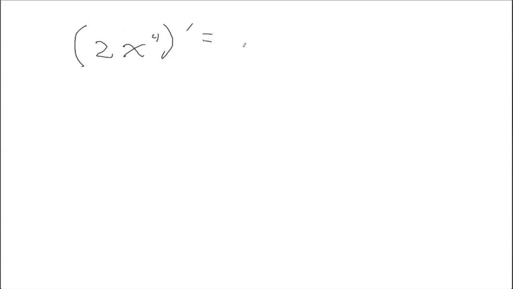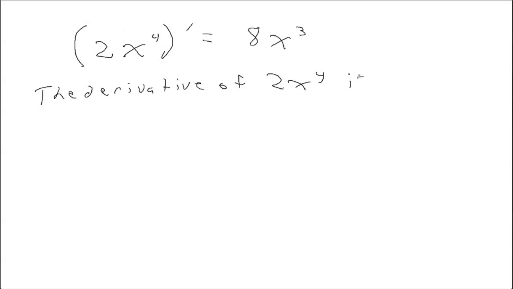This would be 8x to the third. Okay, now how would we describe this? How would you read this equation aloud? The derivative of 2x to the fourth is equal to 8x cubed. Excellent, very good. That's review. Now we're going to see a new way to express this. Another way to express this is like so.